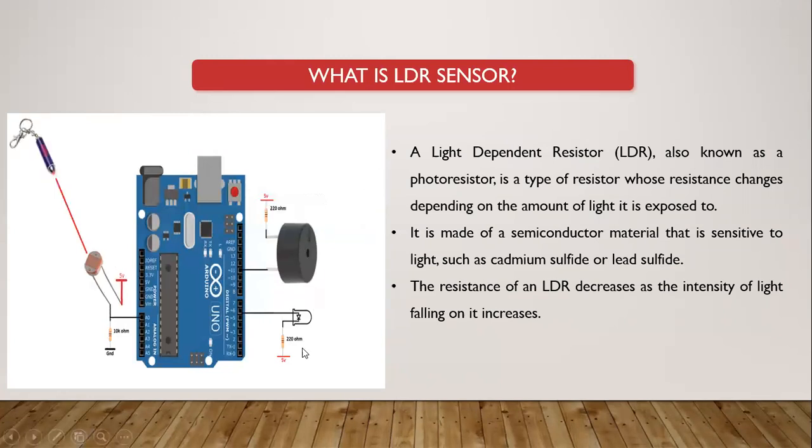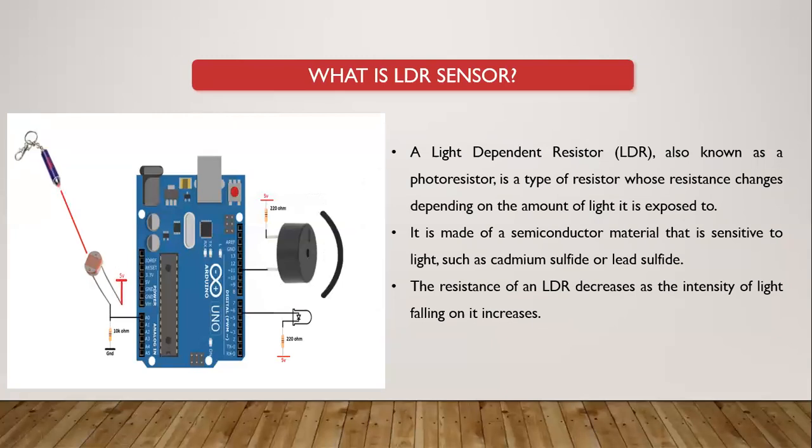So here we have connected our buzzer and LED with the Arduino. We are interfacing our LDR sensor with our Arduino along with the LED and buzzer. Then we can run the Arduino by using Arduino code. Then we can observe our output, the LED glowing as well as the buzzer sound.